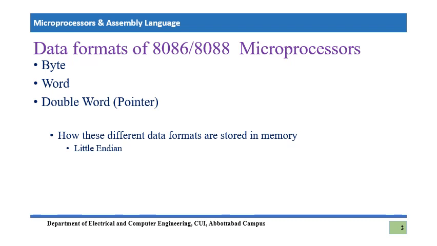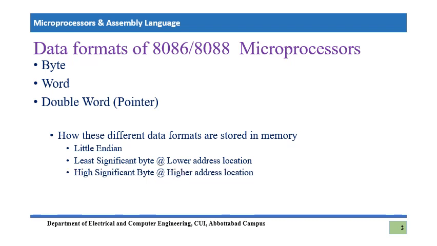One of the terminologies was Little Endian, and in the Little Endian approach, we store the lowest byte or the least significant byte of any word or double word at the lower addressed location. Similarly, the most significant byte is stored at the higher address. These were the mechanisms used in storage of different data formats within the memory slot.